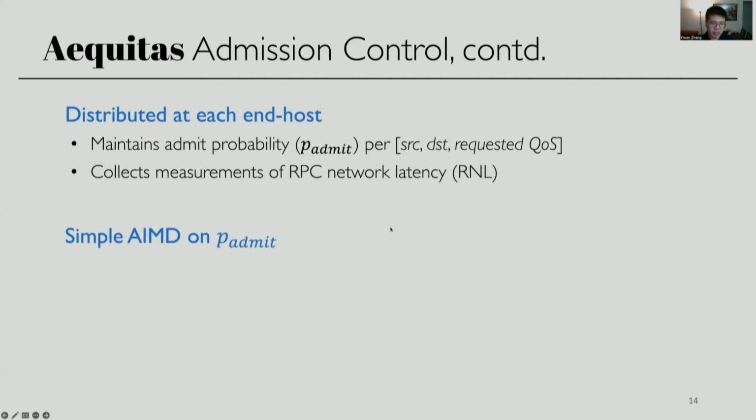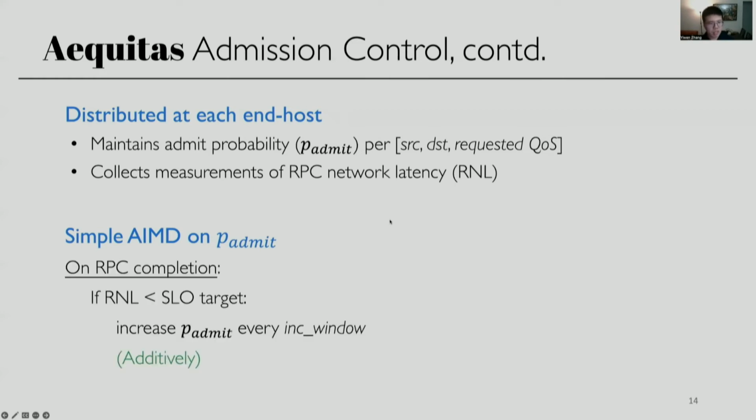The value of p-admit is updated using a simple AIMD scheme. On each RPC completion, if the latency measurement is within the SLO target, this implies that we are still below the desired QoS share, and we can admit more RPCs by increasing the value of p-admit.